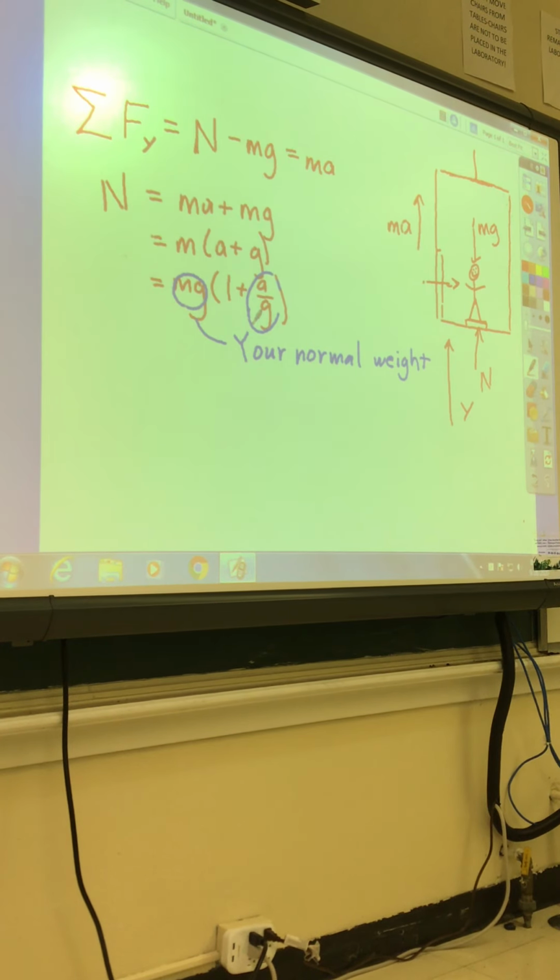So it goes up, back to 150, down, back to 150, depending on whether you accelerate up or down. Once the elevator reaches its terminal speed, that is a first law scenario, and the scale reads 150, which is your normal weight. Any questions?